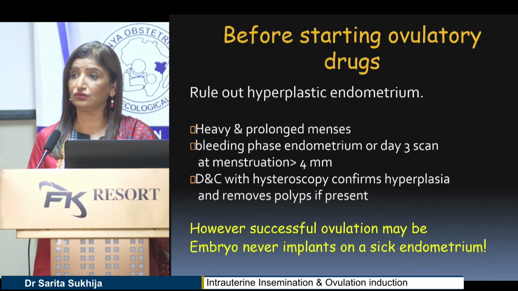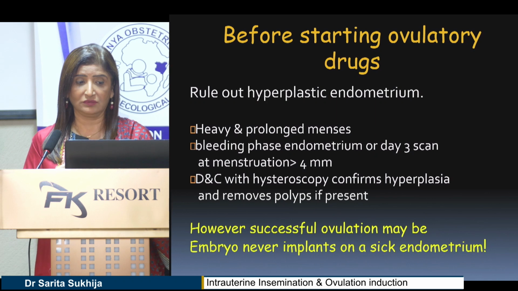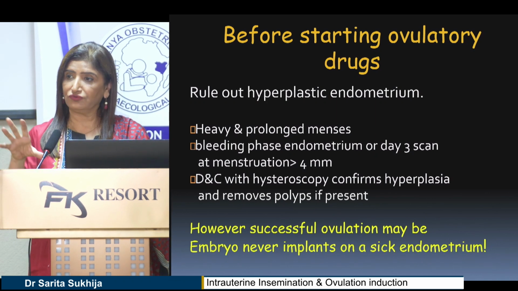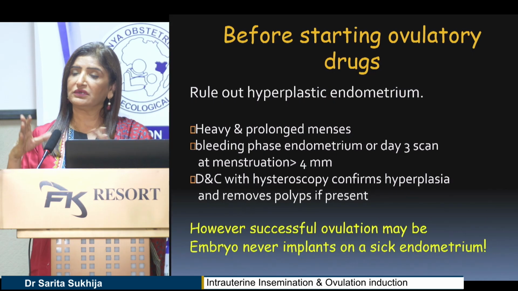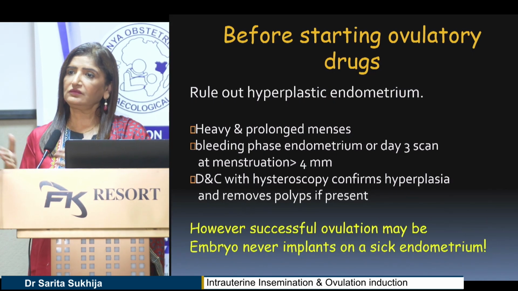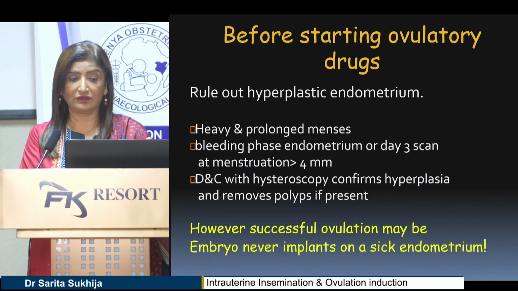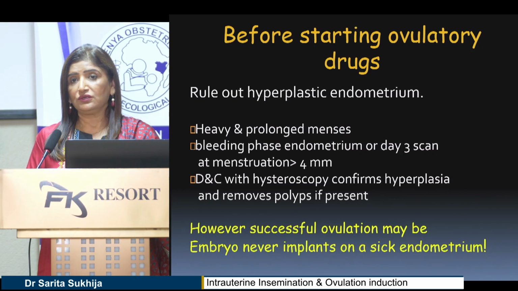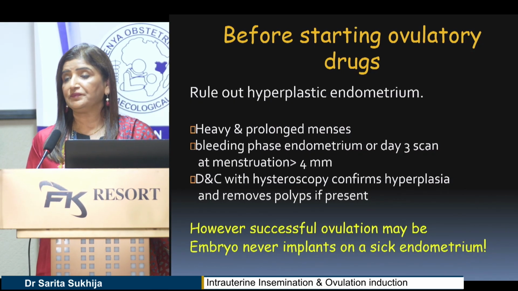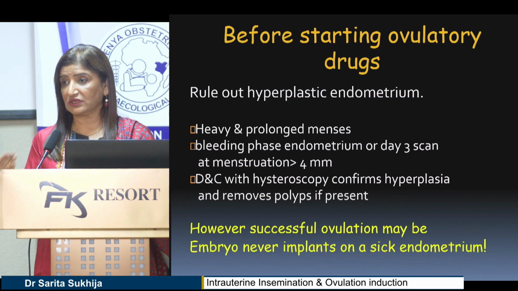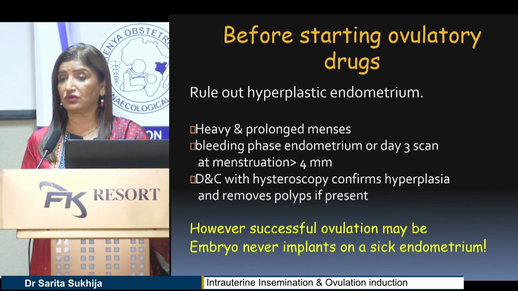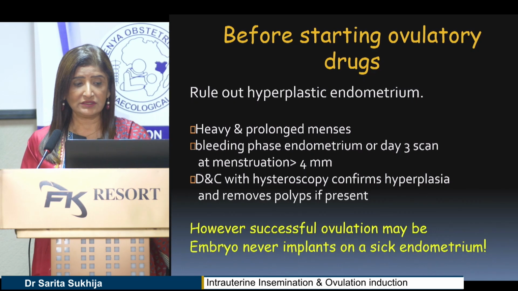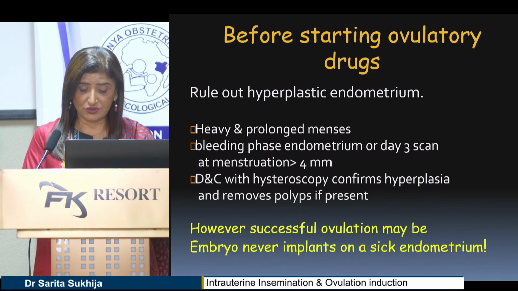The points to remember before you start ovulation induction: always do a day 2 or day 3 scan to rule out hyperplastic endometrium. If your endometrium is more than 4 millimeters, always remember the endometrium is in sync with the estrogen levels. If it is more than 4-5 millimeters, you can put the patient on progesterone for 2 or 3 cycles, like medroxyprogesterone 20 milligrams every day for 21 days, and then check after 2 cycles.